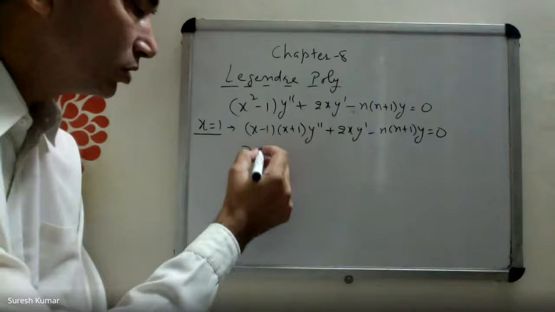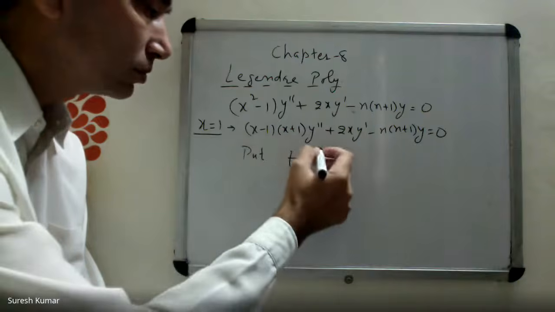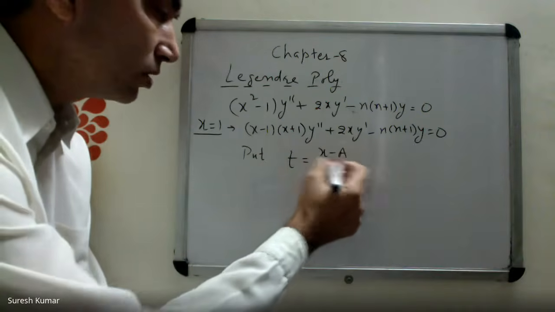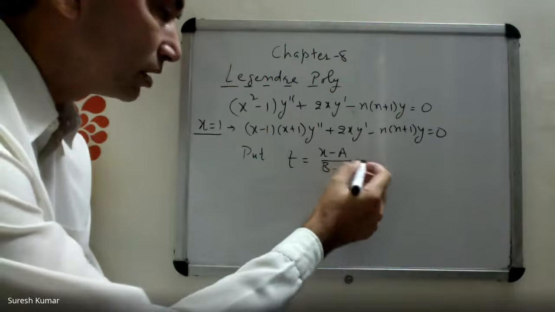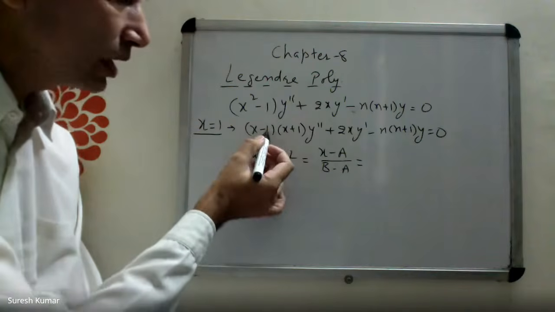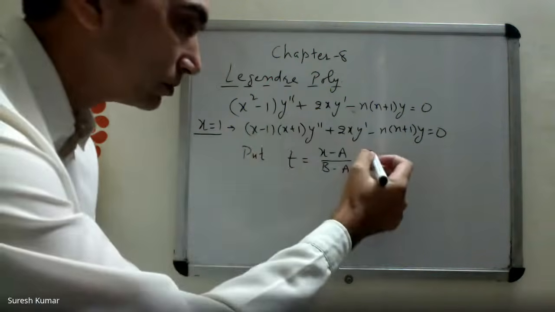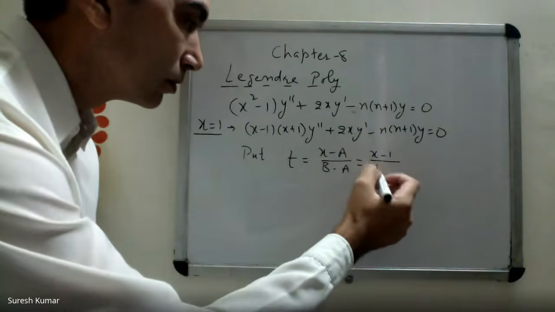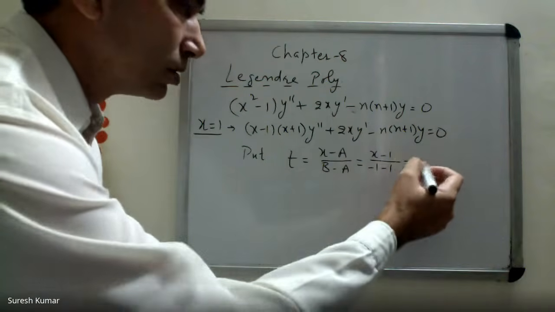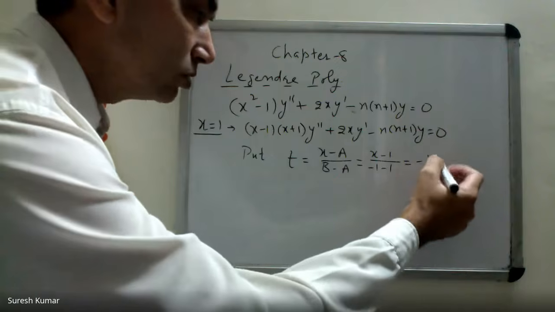t equal to (x minus a) over (b minus a). What are a and b here? a is 1, b is minus 1. So you have t equal to minus 1 by 2 (x minus 1).